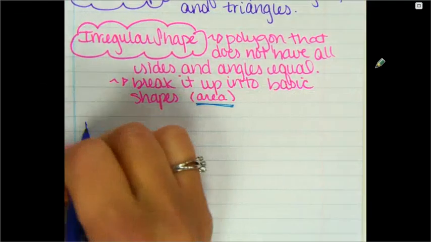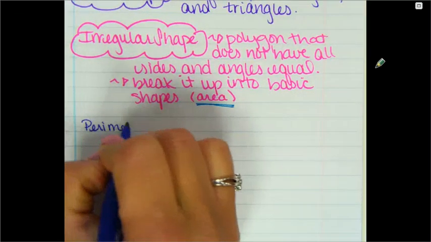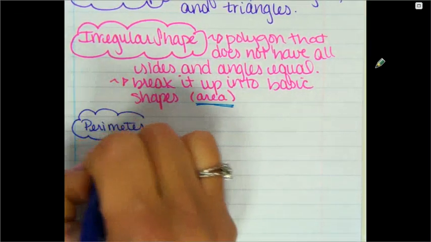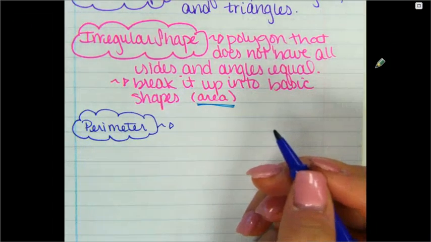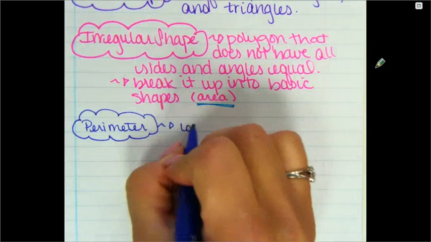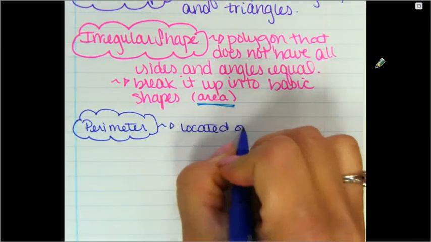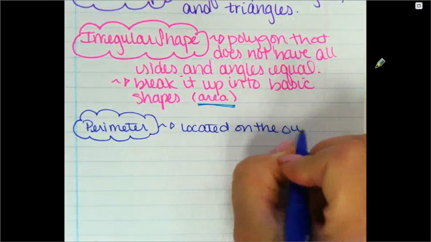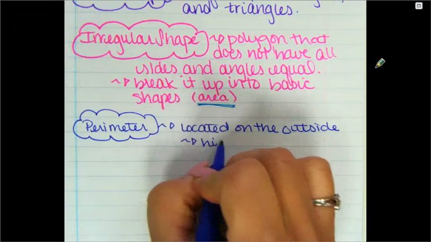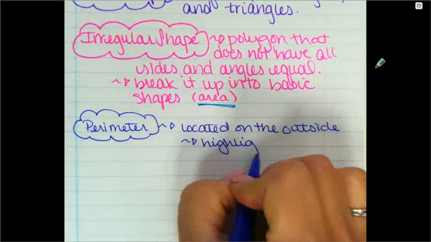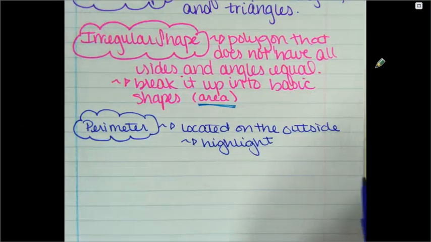For perimeter today, perimeter is still located where? On the outside. Today we're going to highlight that. Okay? So today I want us to highlight where the outside is located because it's going to get a little confusing at times.